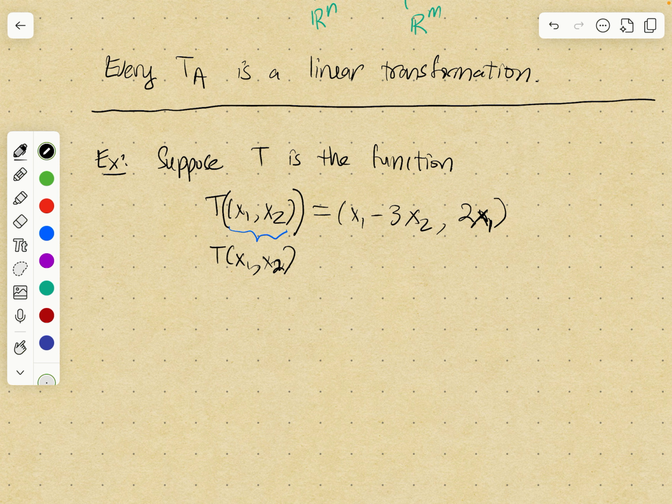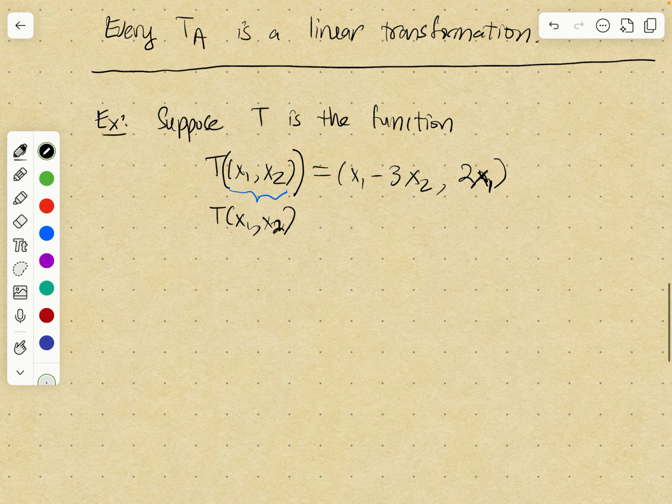This is the result of plugging x1, x2 into the function T. So T is a function from R what to R what? The inputs are two numbers, so it's a function from R2 to what?